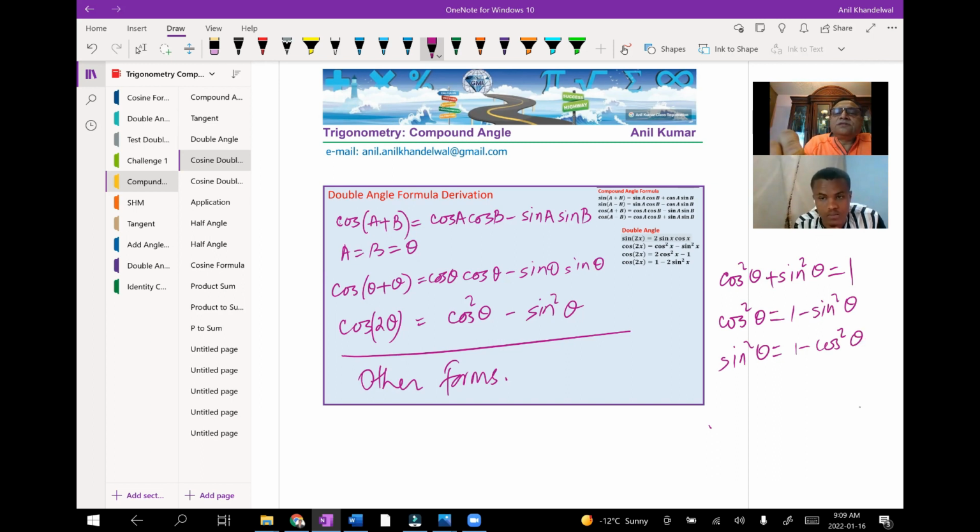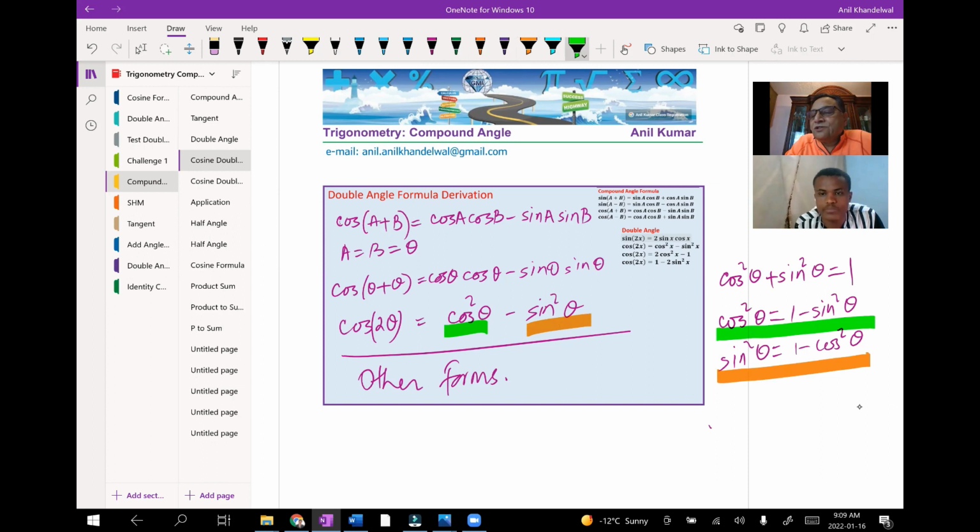Since we know this, we could replace the terms here, for example sine square theta with this, and get a new formula. Similarly, we could replace cos square theta with 1 minus sine square theta and get a new formula. That is what we are going to do now.